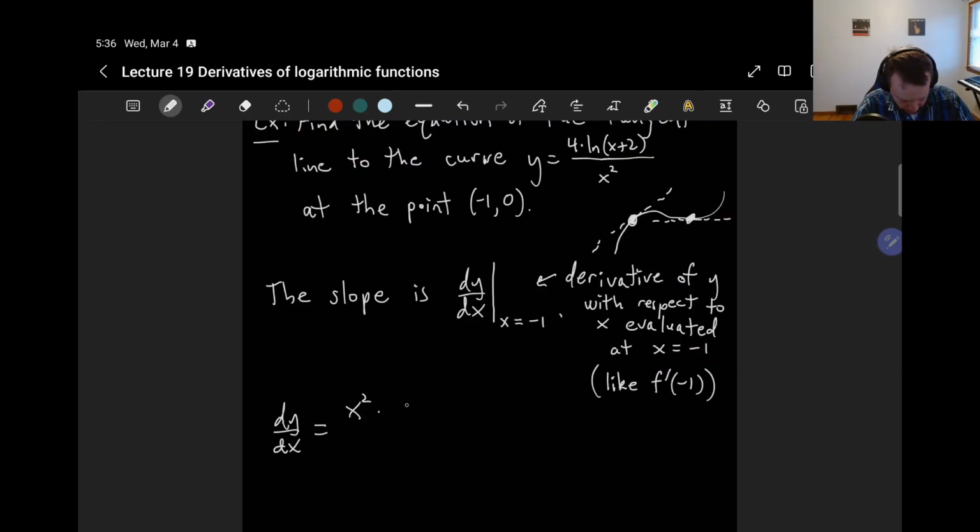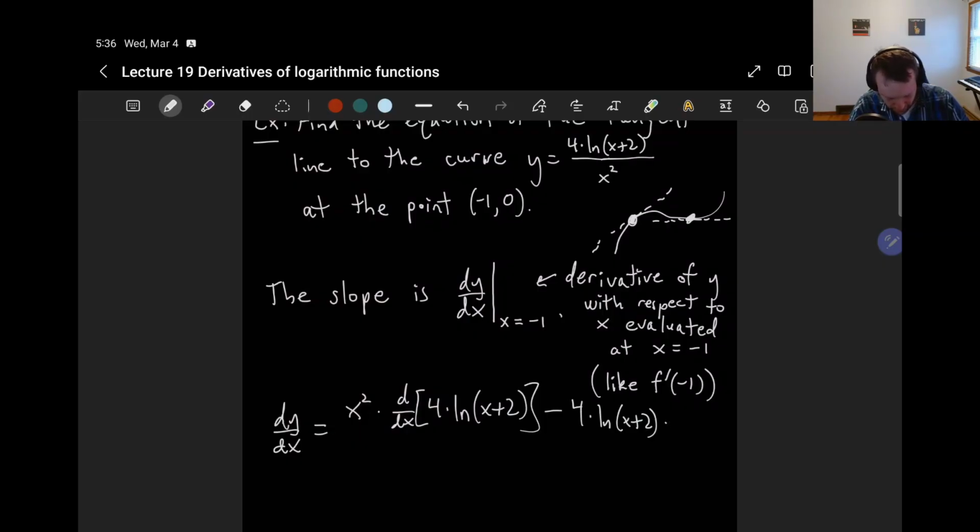I'll show my extra work here. Low d high, minus high d low, all over low squared.